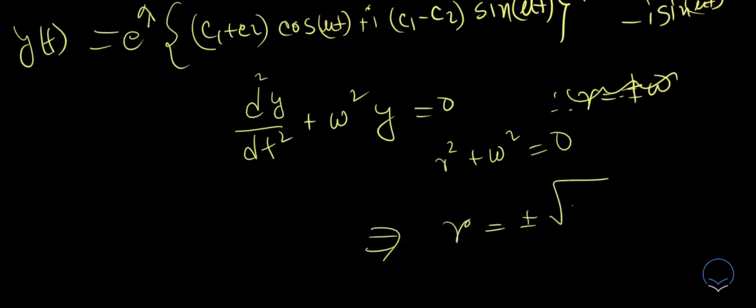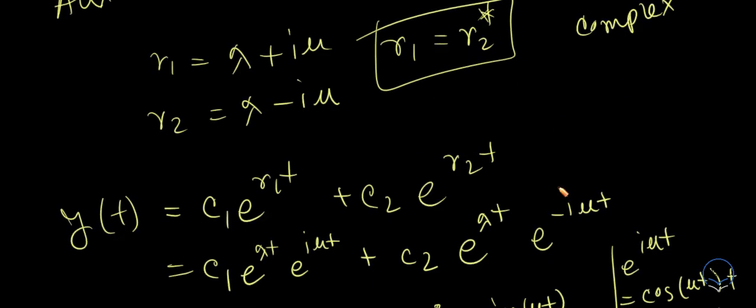So r² = −ω², so this will be just r = ± iω. So you can see that there is no real part, so λ would be 0, and you can just put in the imaginary part and get your solutions.